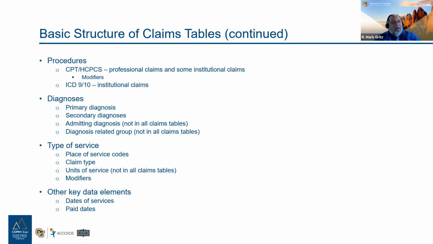And so you'll want to be focusing on using dates of service, and there'll generally be a beginning date of service and end date of service, which for a lot of professional services in an outpatient setting will be the same day, because it's just a single day that the service starts and ends.